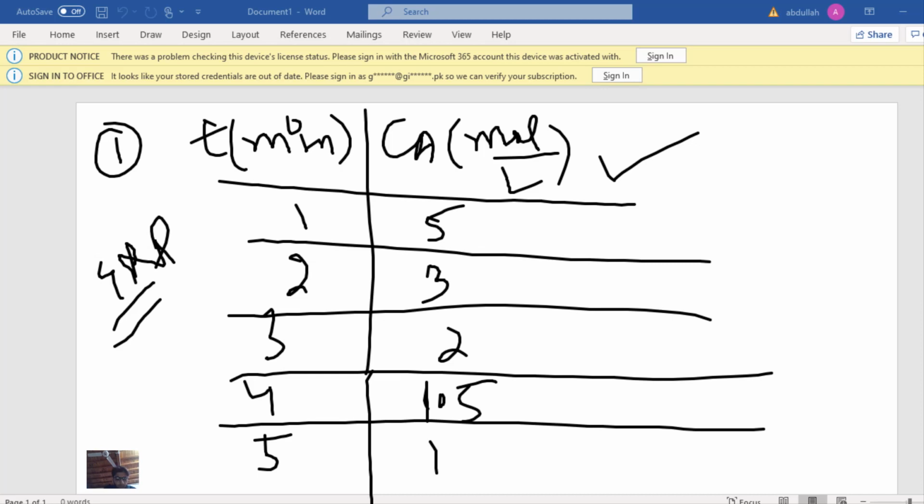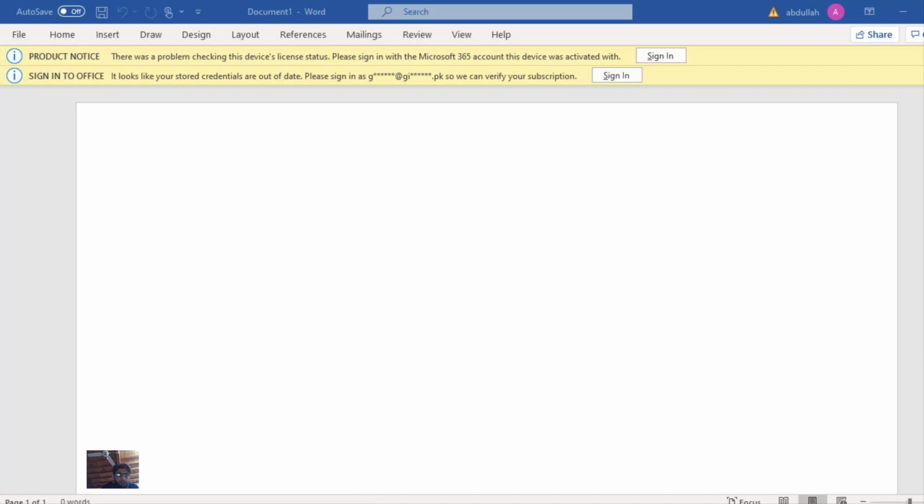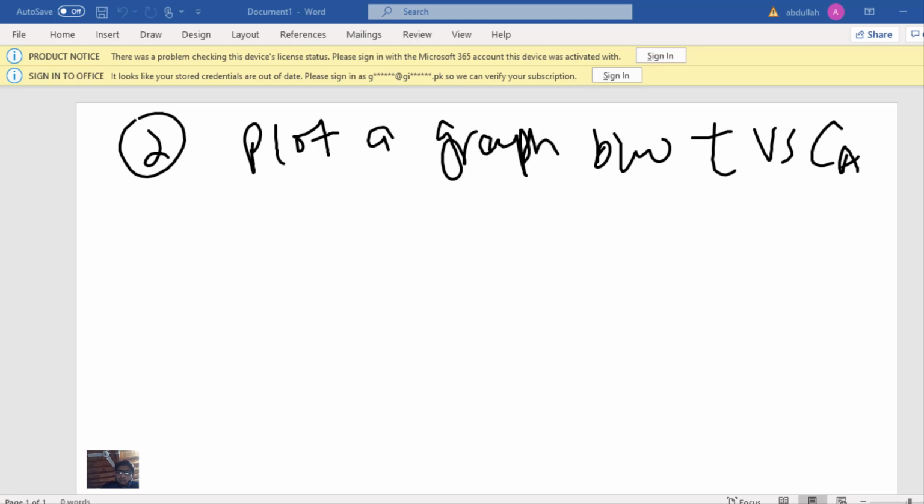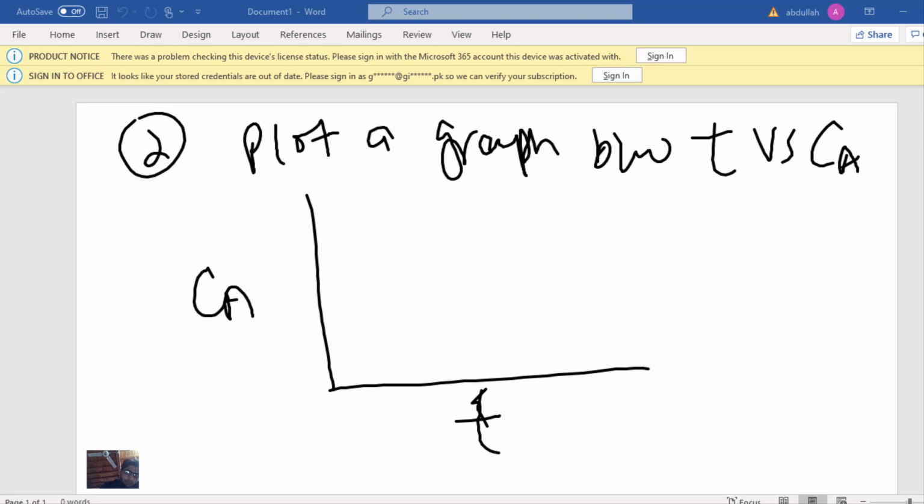Now, the second step is to plot a graph between time and the concentration of A. Suppose this is the reactant A. Now suppose we plot the graph, with time on one axis and the concentration of A on the other. We will obtain a graph like this.